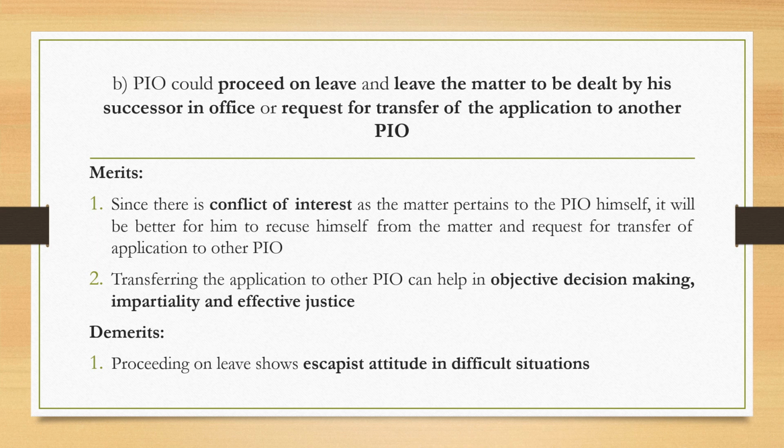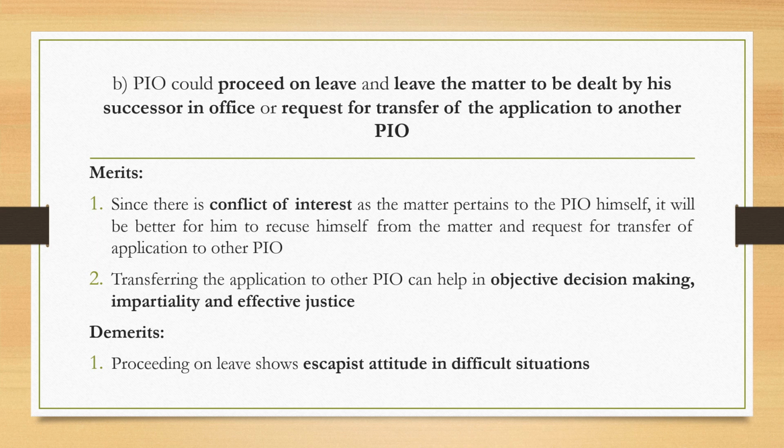So the merits here are two. Since there is a conflict of interest as the matter pertains to the PIO himself, his internal biases and perceptions come into play. It will be better for him to recuse himself from the matter and request for transfer of application to another PIO, right? So here he can excuse himself from dealing with this matter and some other PIO can deal with it.